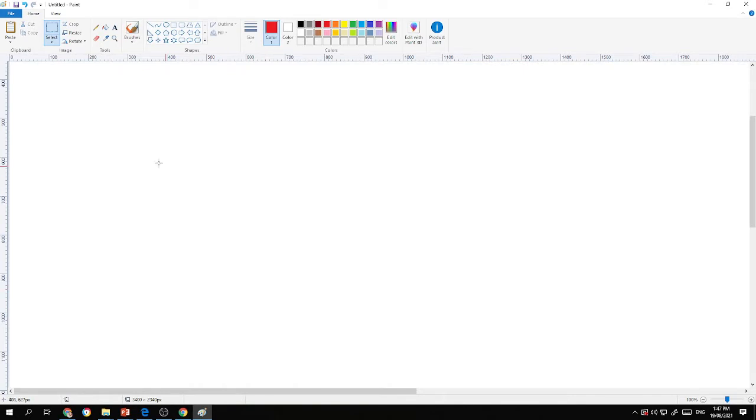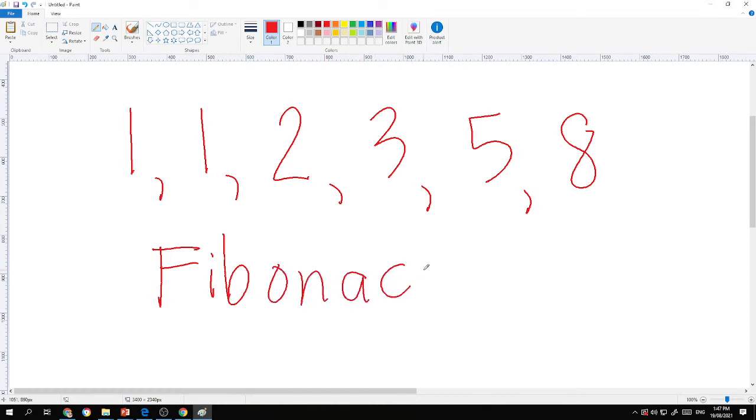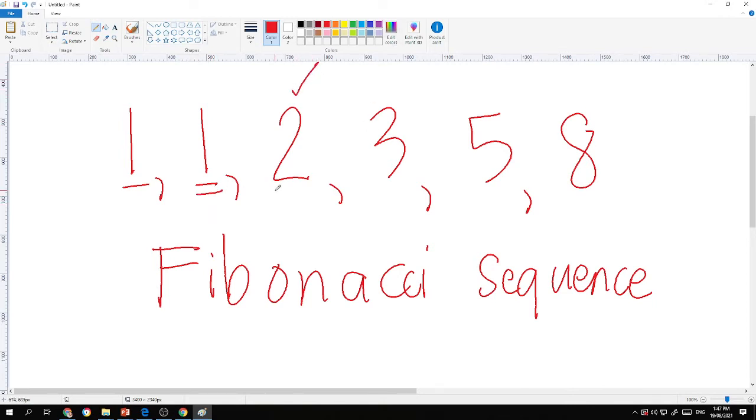Okay. Let's have this example. We have 1, 1, 2, 3, 5, 8. This is an example of a Fibonacci sequence. Sir, why is it a Fibonacci sequence? What is 1 plus 1? 2. What is 1 plus 2?